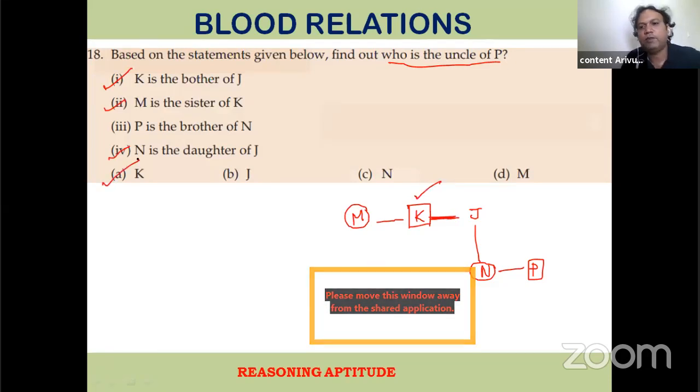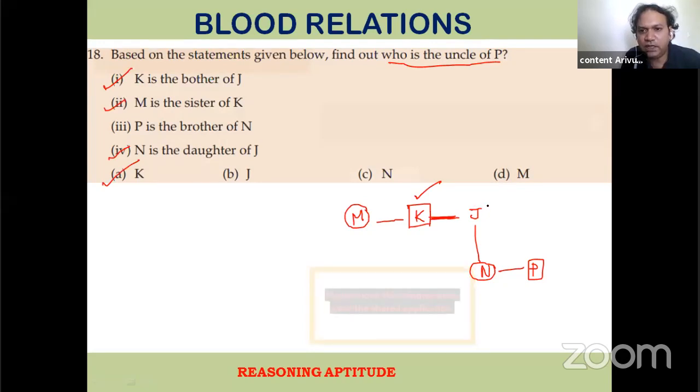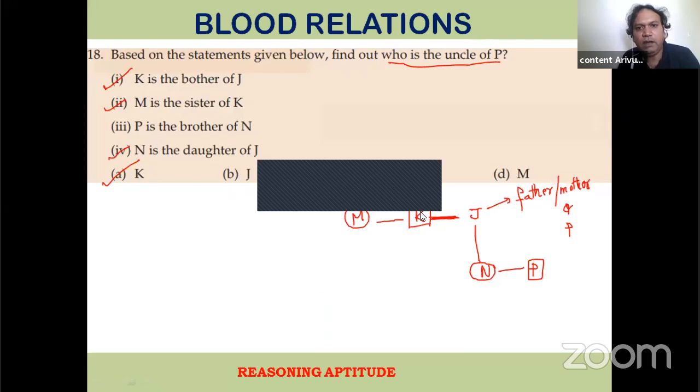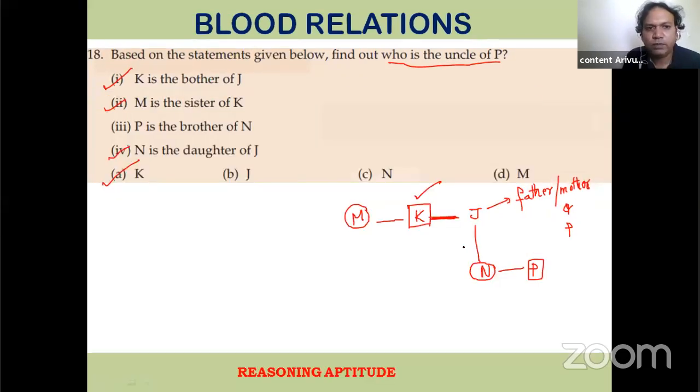Answer would be K. We don't know J's gender, so J can be the father or mother of P, and the father or mother's brother is K. Father's brother means paternal uncle, and mother's brother means maternal uncle. We don't know which type of uncle K is, whether paternal or maternal, but we know that K is the uncle.